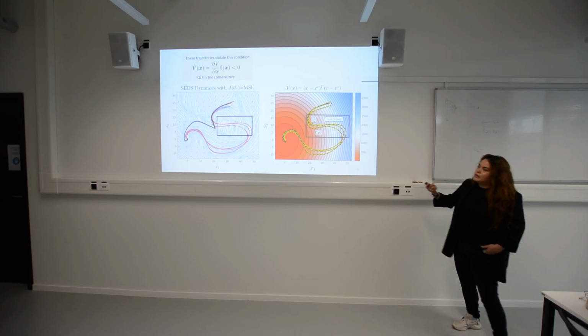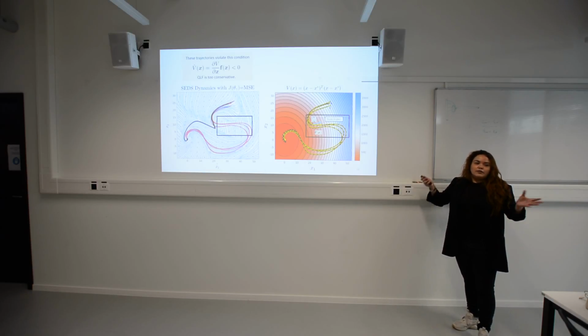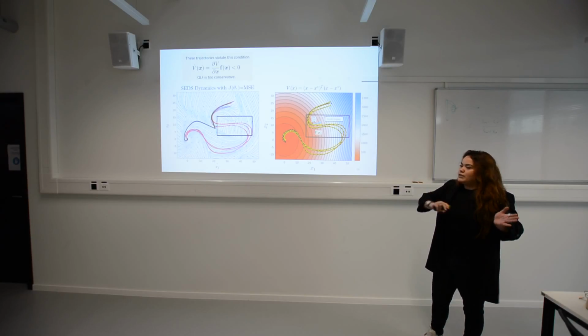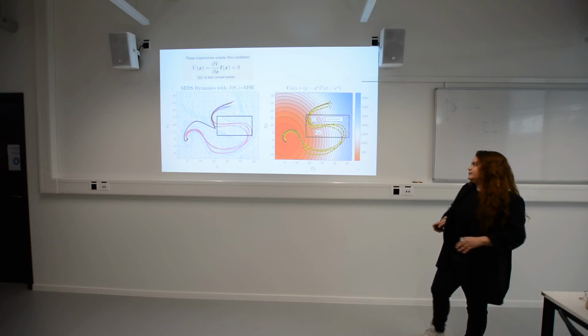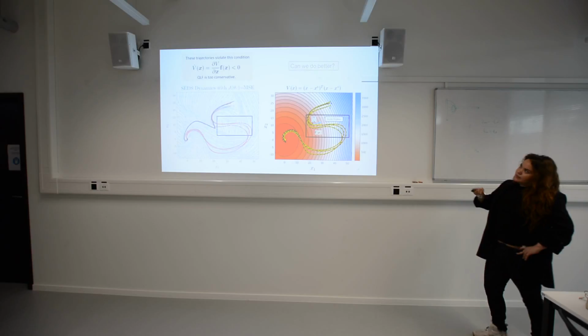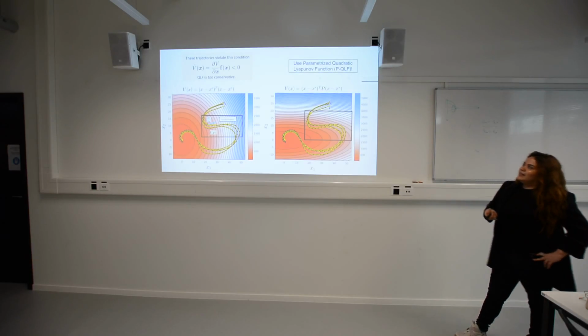So what we're saying is that this Lyapunov function is a little bit too restrictive to generalize these type of motions, which are capable of going a little bit away from the attractor and then they come back. So can we do better than this? Of course, that's why I introduced the parameterized Lyapunov function.